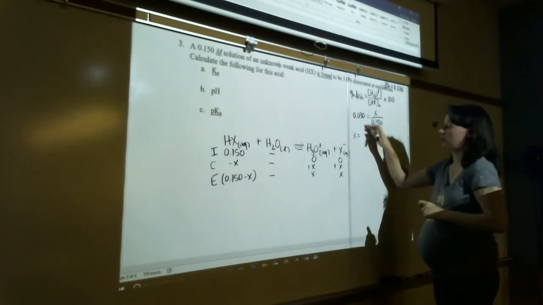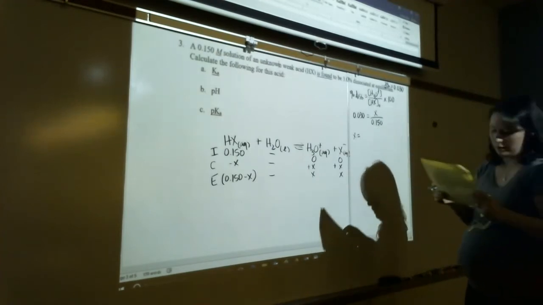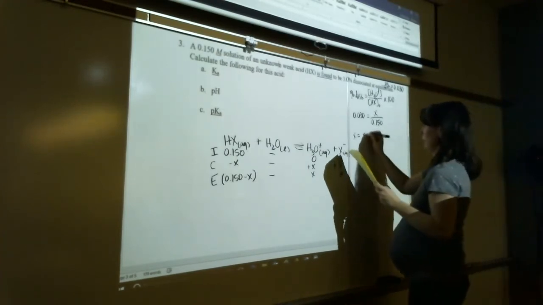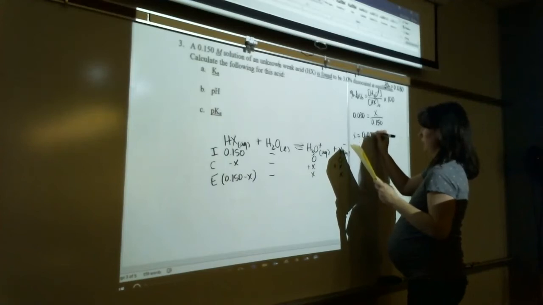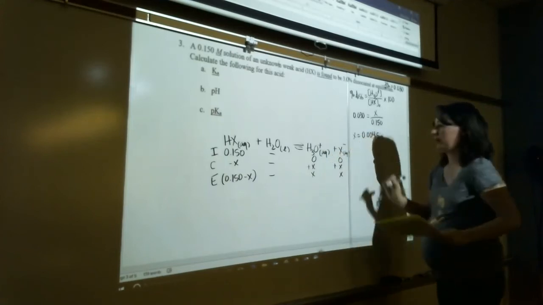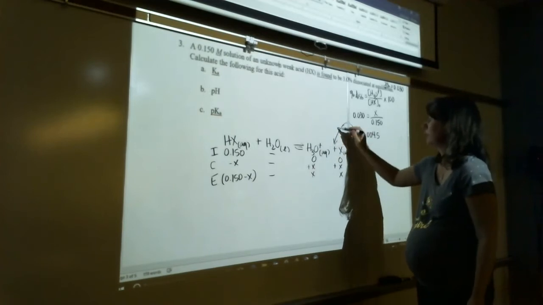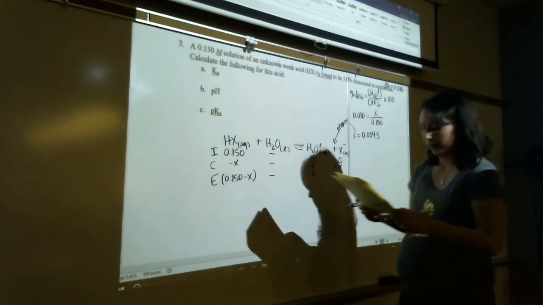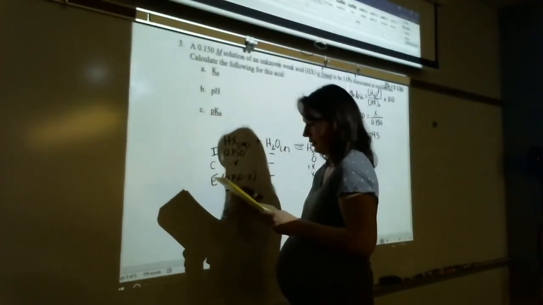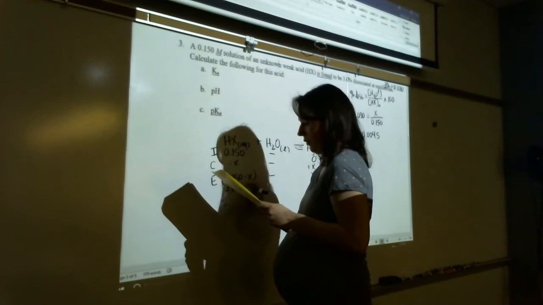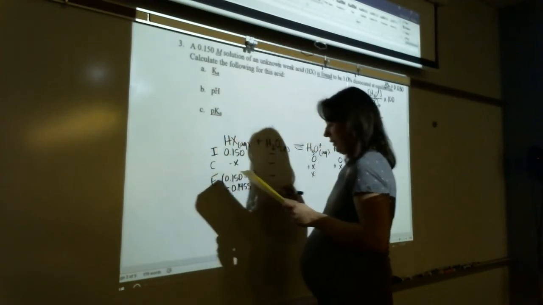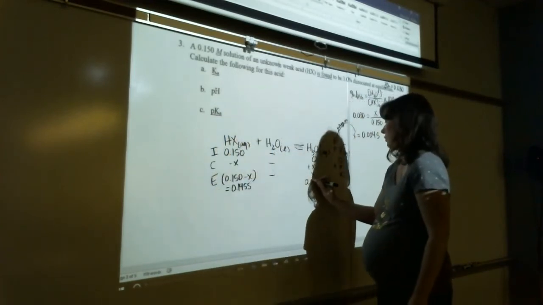When I multiply those two together, I got 0.0045, which I can now plug in. So when I plug that into my ICE table, I get 0.1455, and then obviously that value just is in there directly.